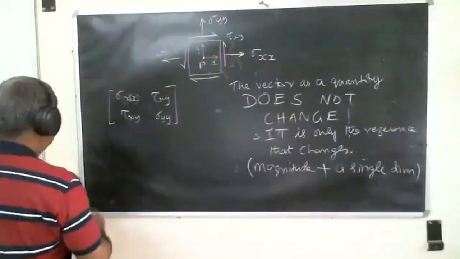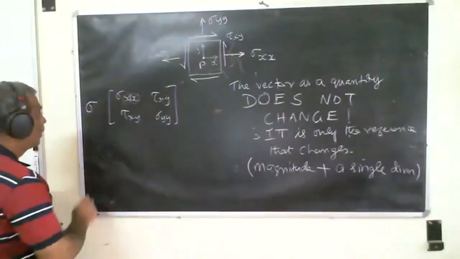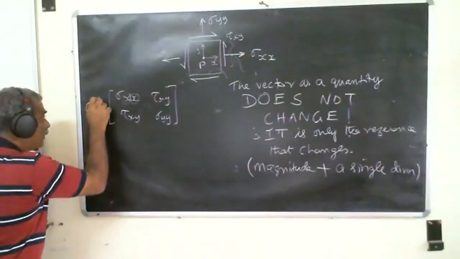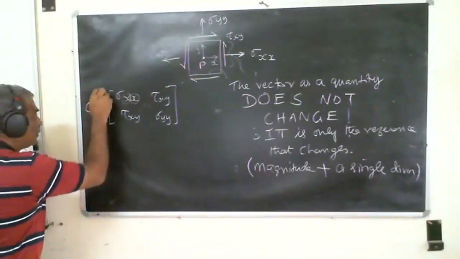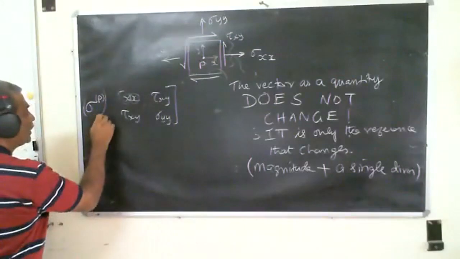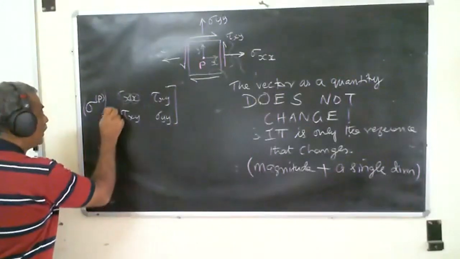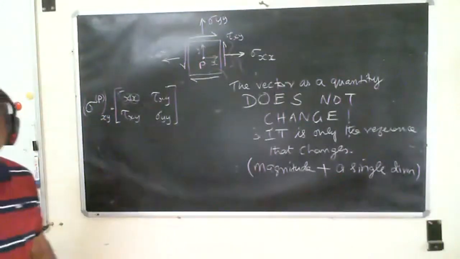Okay. So I saw some quantity sigma at a point P with respect to a reference that I chose, which is x and y, right?